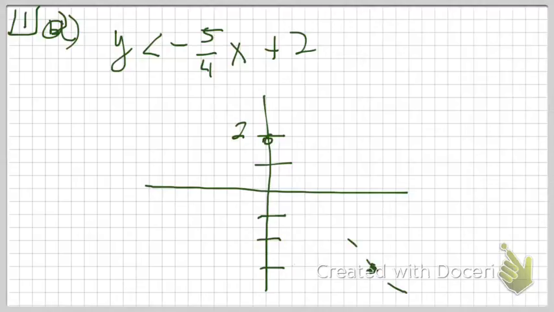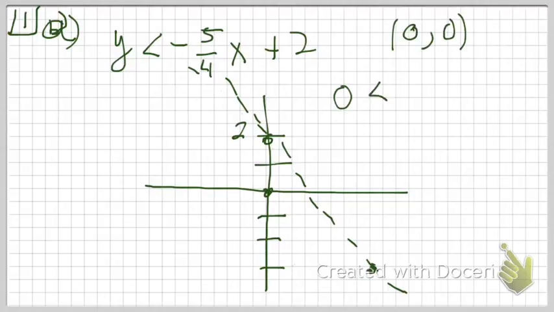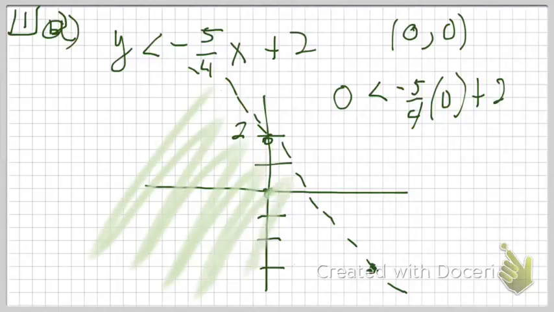And this needs to be a dotted line because it's a less than. And then again, I got the origin right here, 0, 0. So is 0 less than negative 5/4 times 0 plus 2? And that answer is yes. So then we would shade in this side.